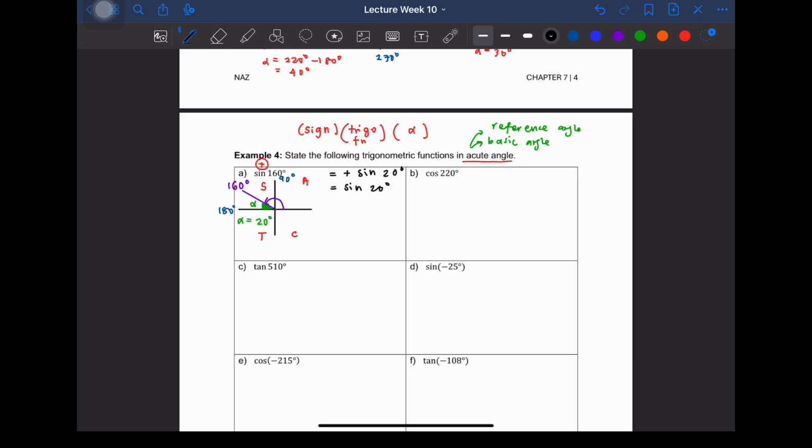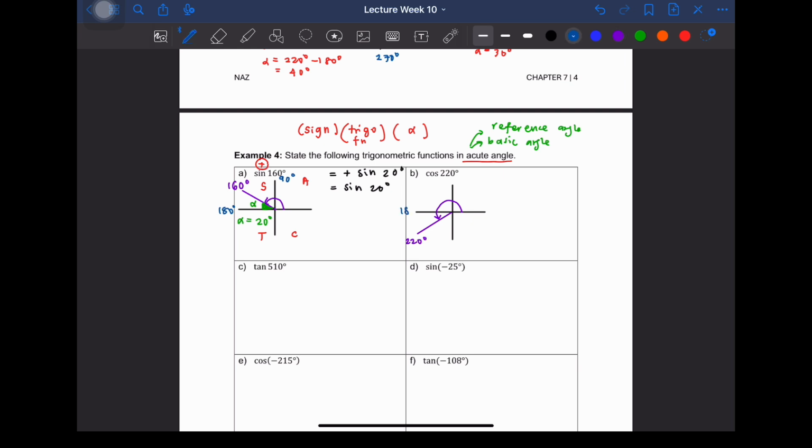Okay, next one, example B. So first we sketch the angle. Alright, so 220 degree it's located over here, sebab dia lagi besar daripada 180. So from here going anti-clockwise to here, this is 220 degree. Okay, so label our angle.